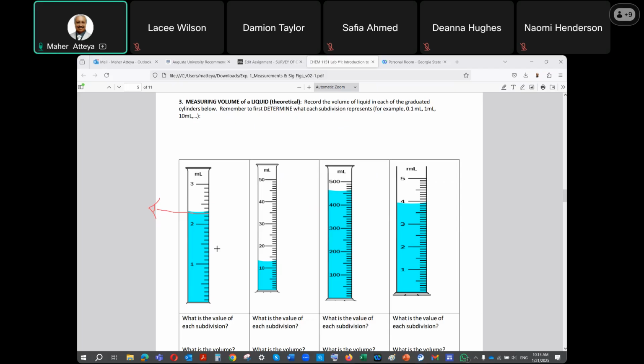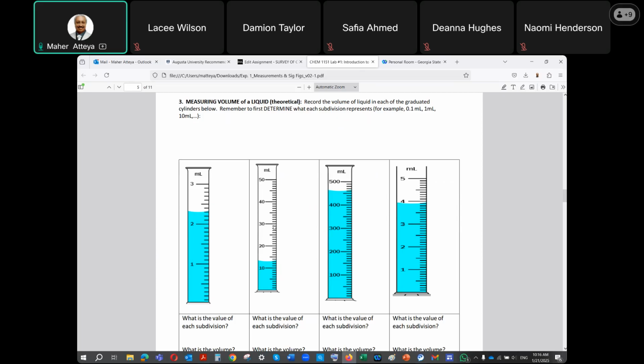So 0.3. Now with a graduated cylinder, you have to give 2 digits after the decimal. So if I stop animating here, this is 2.30. You have to have 2 digits after the decimal.